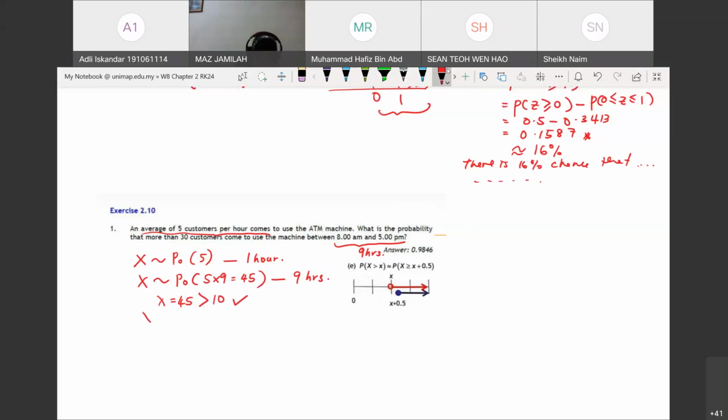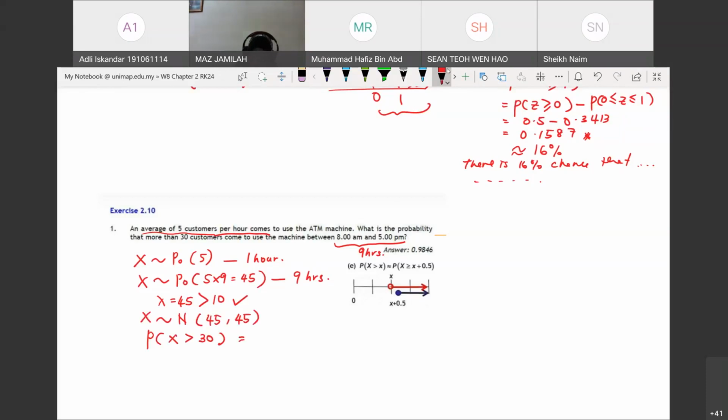So the approximation would be x following normal with mean lambda and variance lambda. And the probability of what we are looking for, more than 30 customers, x greater than 30.